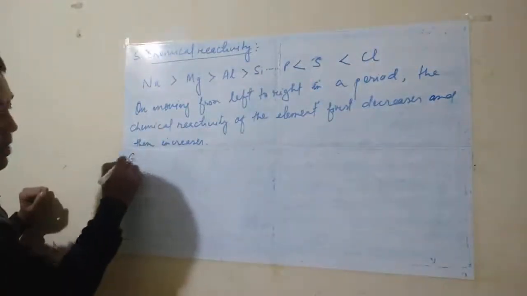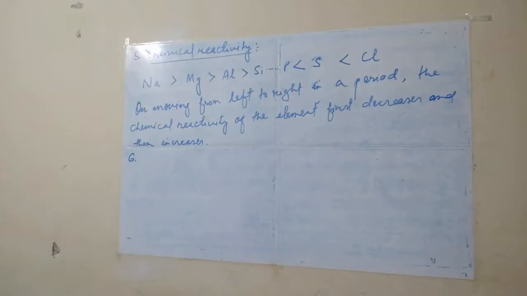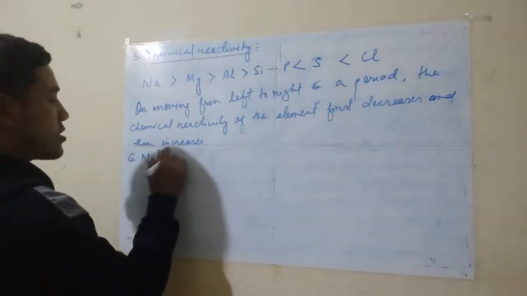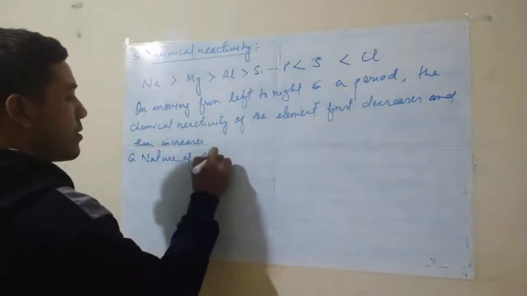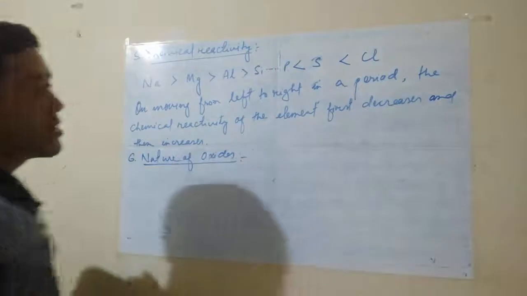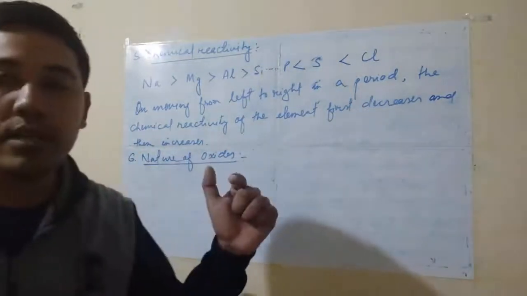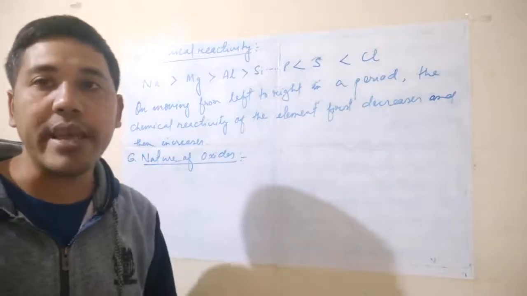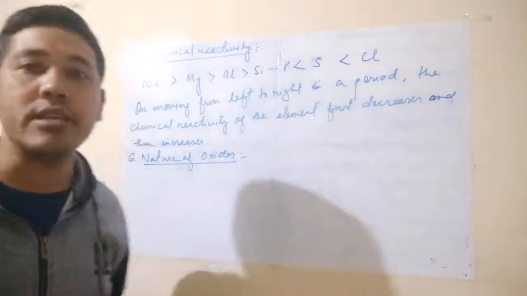Next, number 6 is the nature of oxide. This is the last part of this period, okay. Nature of oxide. We all know that all the metals form bases, that is, basic oxides, okay? And all the non-metals form acids, okay?